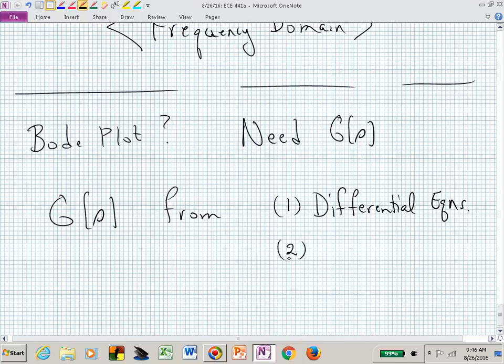We can also find it from this block diagram up above in the frequency domain. We can also find it from the state space representation. We could Laplace transform that state space representation and find G of s in terms of our A, B, C's, and D's.